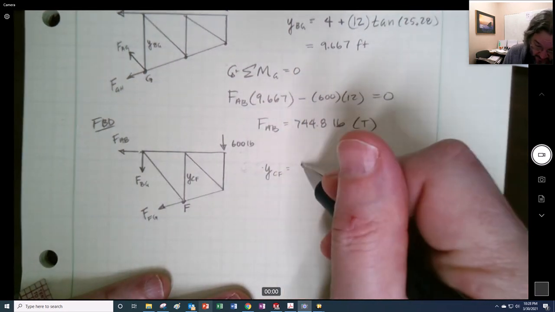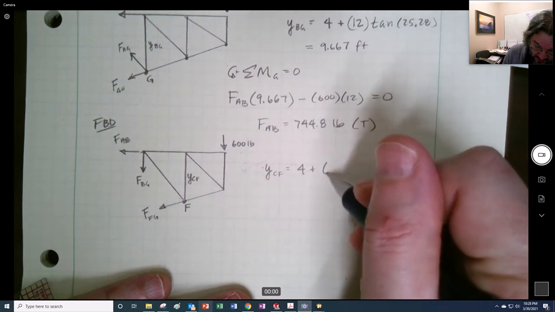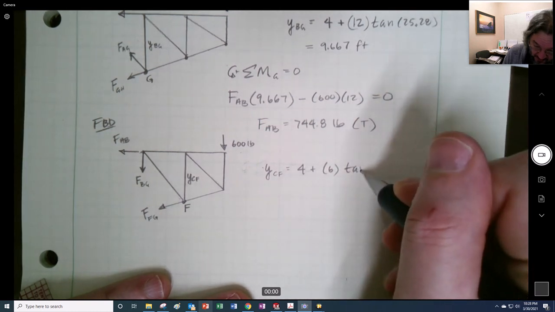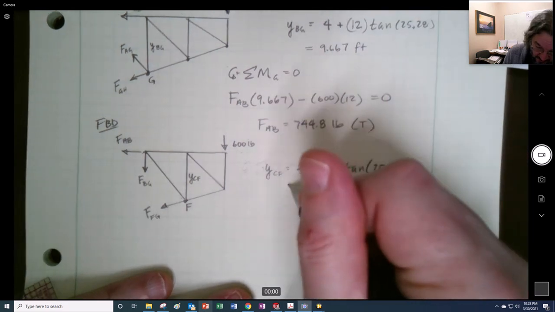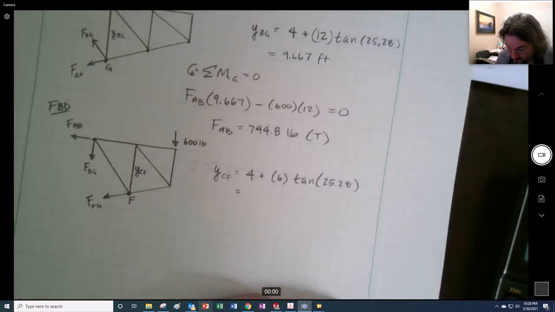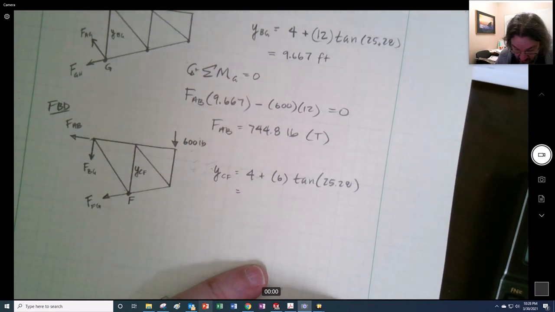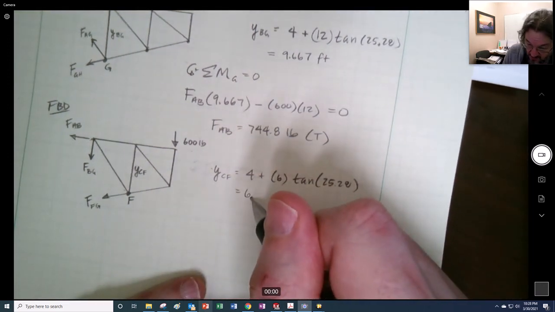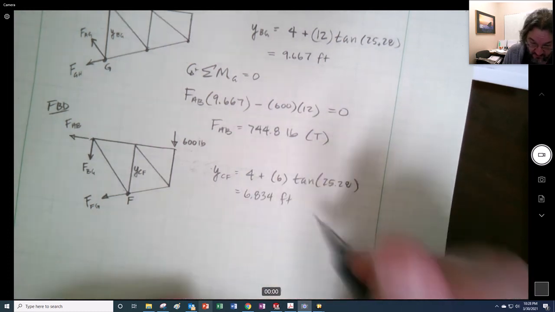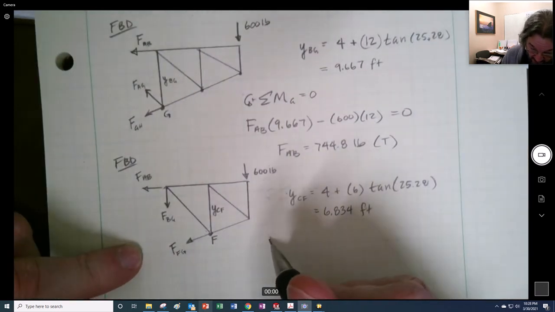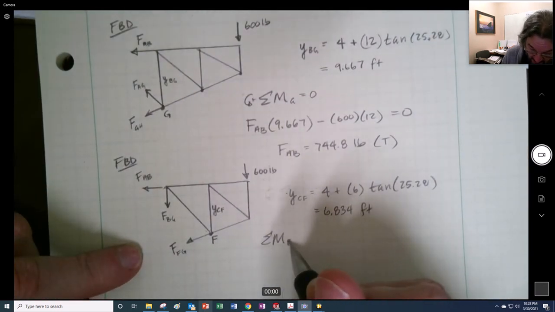So it's going to be equal to 4 plus 6 times the tangent of 25.28. We could have just as easily used the ratio of the thing. So it's 4 plus 6 times tangent of 25.28. That comes out to 6.834 feet.